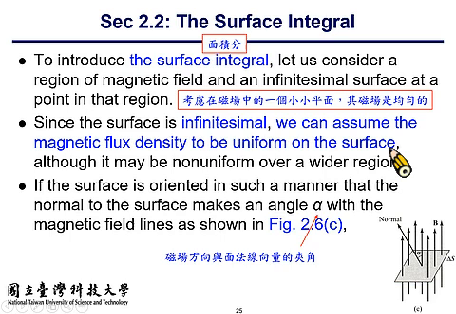But if you choose a surface that is small enough, then the magnetic flux density B can be uniform. And we would like to carry out the surface integral of the magnetic flux density B and the small surface ds.